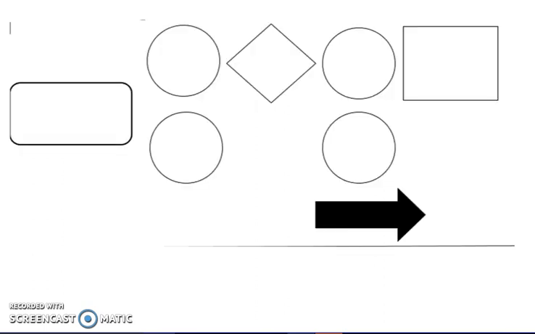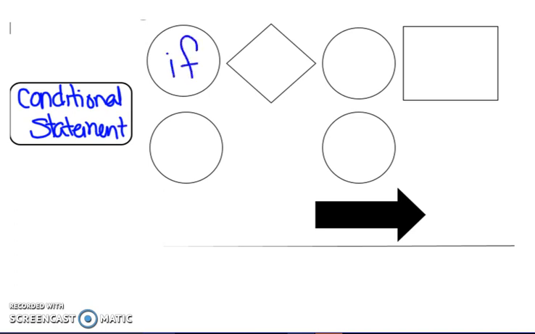Now, we've already talked about conditional statements, but we want to talk about different ways we can write it. So, if we start with our conditional statement, if you remember from the previous lessons, it always starts with an if. Has to. Then we have our hypothesis.